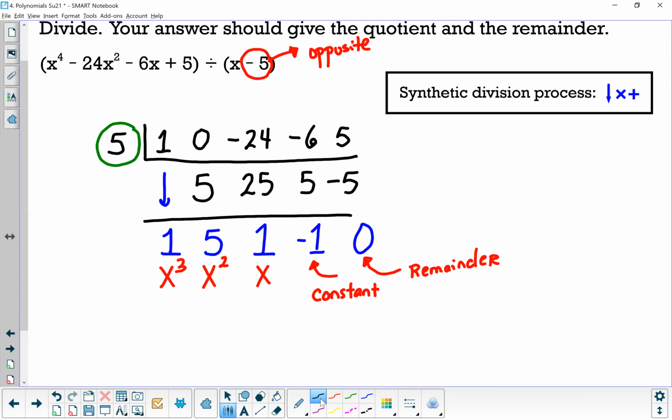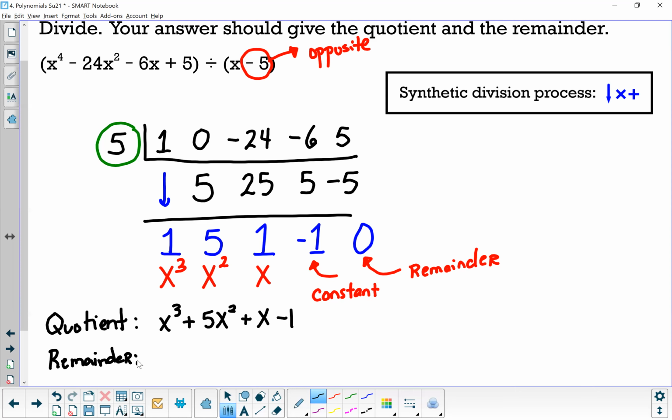So our quotient is 1x cubed plus 5x squared plus 1x minus 1. Our remainder is 0.